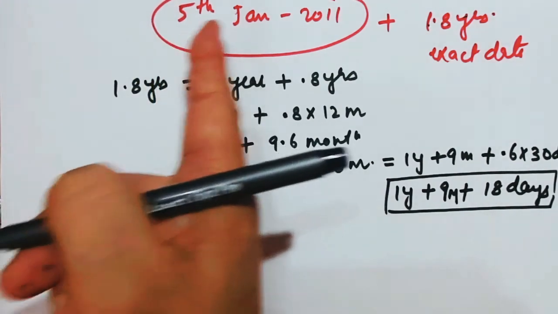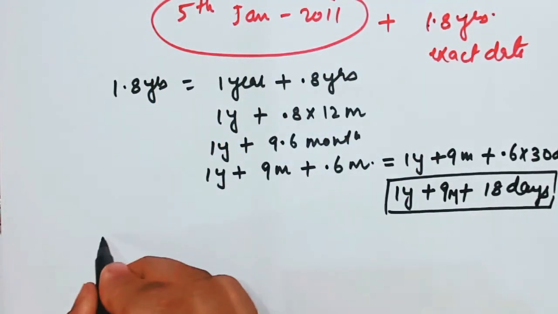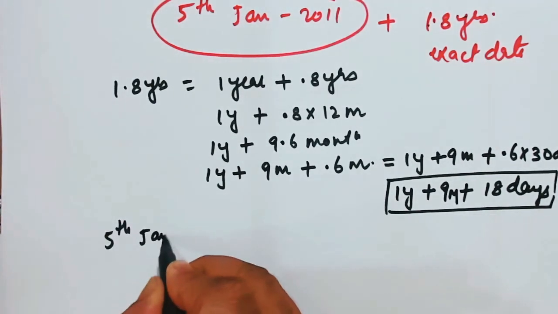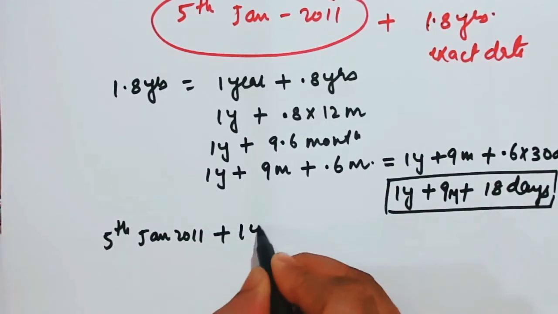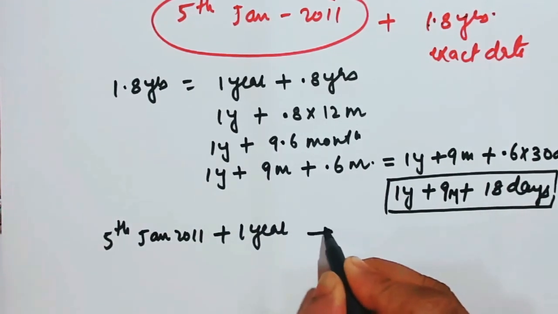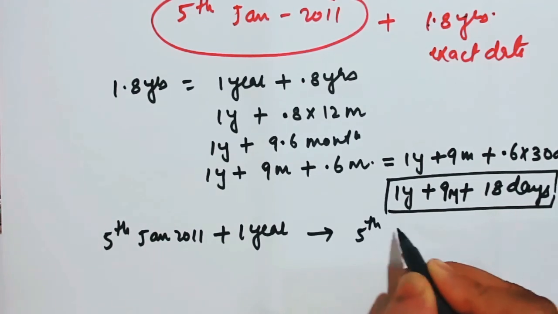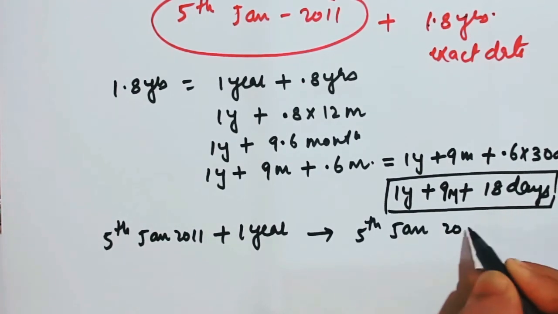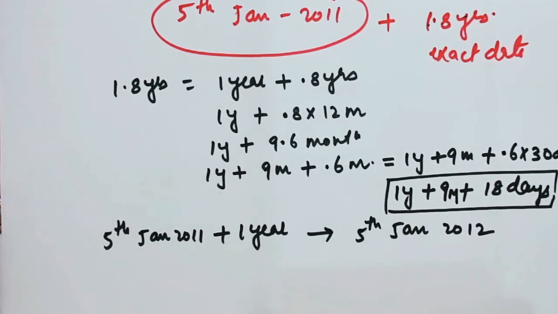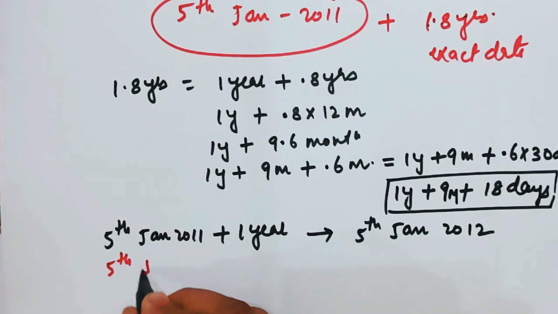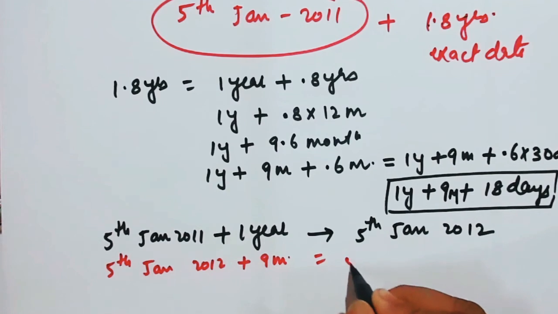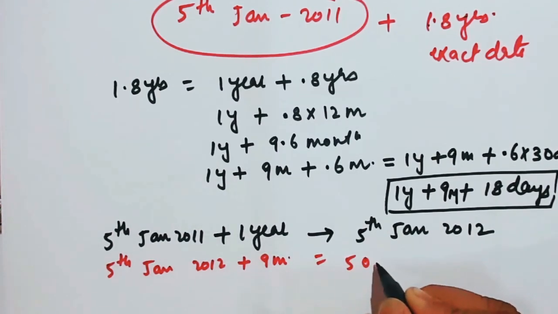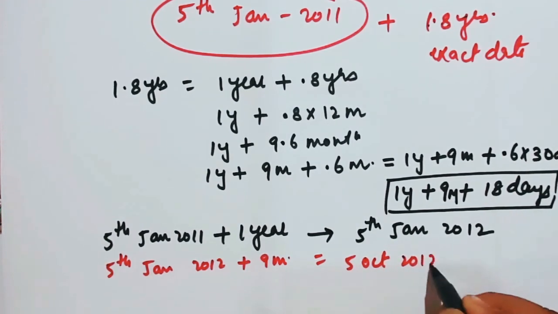So have a look. 5th January 2011. From 5th January 2011, when you will add 1 year to it, what will you get? You will get 5th January 2012. Now in this 5th January 2012, add 9 months. So you will get 5th October, isn't it? 5th October 2012.